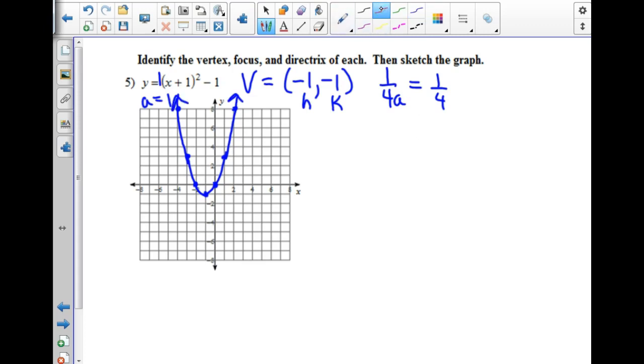We've already decided that 1/4A is 1/4. So now we're going to write the focus and the directrix. Directrix will be y equals something. Focus will have -1 for the H value. We've got to figure out the K part.